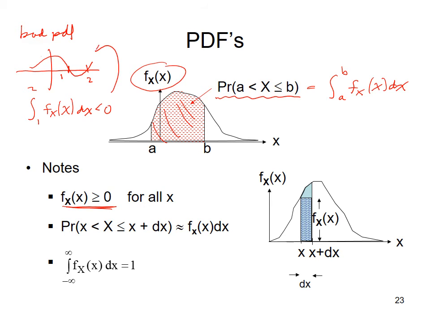So that can't happen. We know we can never have negative probabilities. The area under the curve between 1 and 2 would be negative. Therefore, f_X(x) can never be negative. In this example, I was showing one that went negative between 1 and 2.